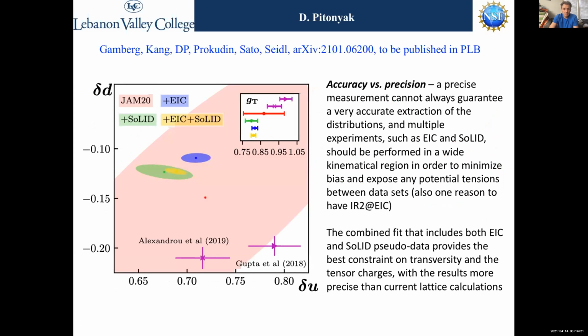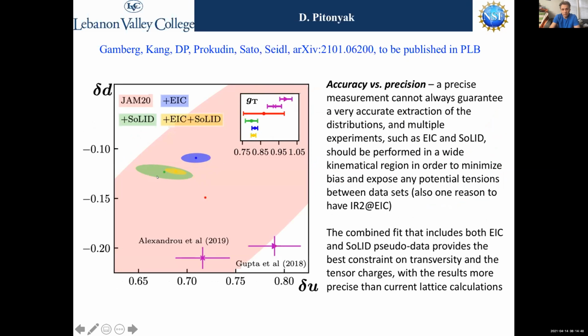So in my last slide, let me talk about accuracy versus predictions. We can have a very, very precise measurement. However, it cannot always guarantee very accurate extraction of the distribution. So here you can see the electron-ion collider ellipse with data projection, then SoLID projection in green, and then EIC plus SoLID in gold here.